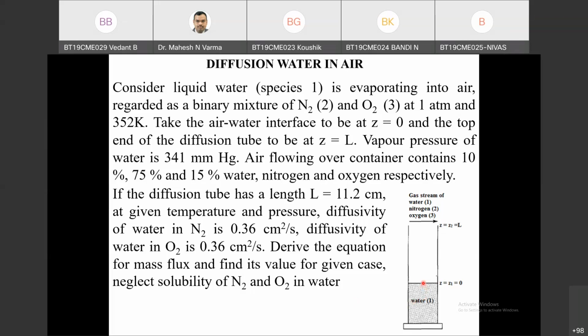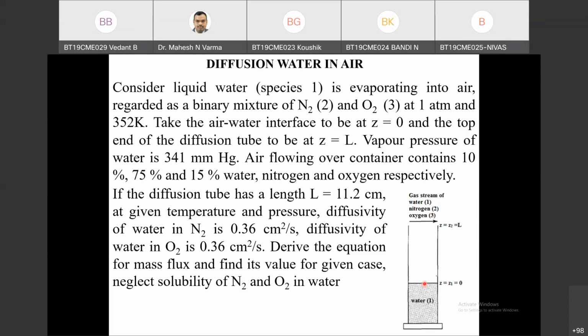Roll number 29, Vedant. What will be the mole fraction of A? Sir, C by C. Sorry, CA by C. CA by C or P by P, P saturated divided by P. Yes, sir. Okay, it's simply P saturated divided by P that will be XA1.